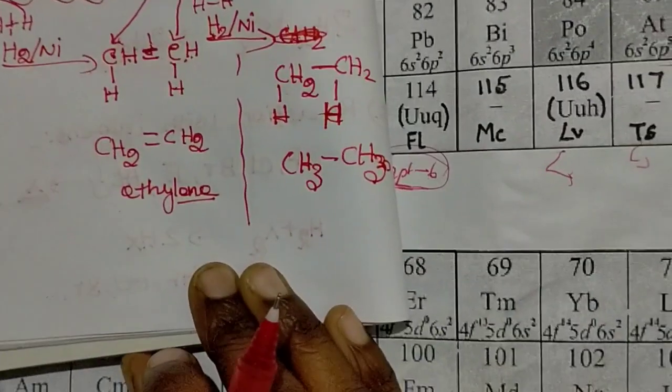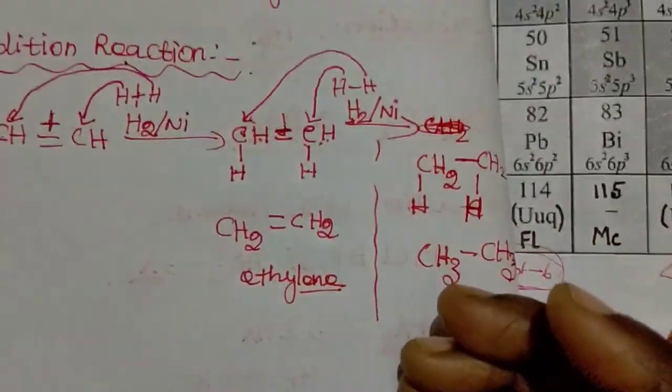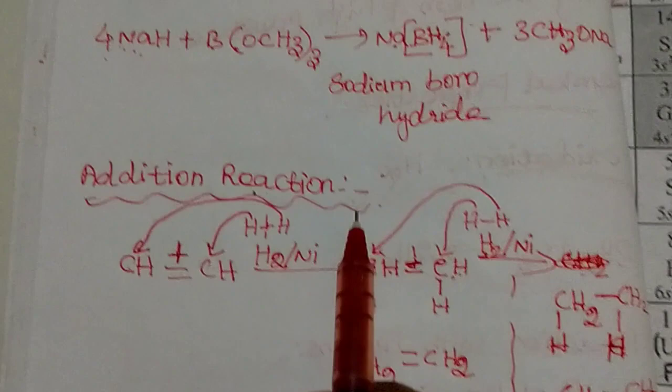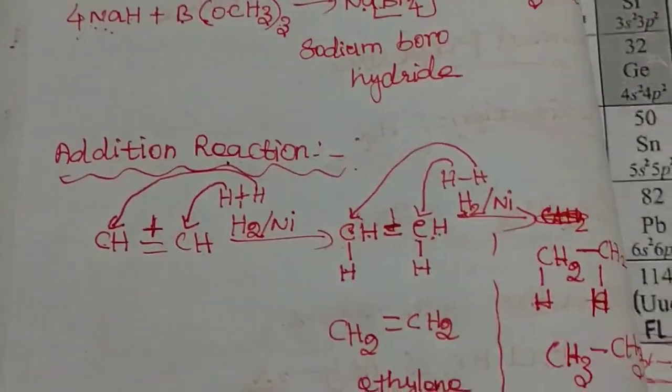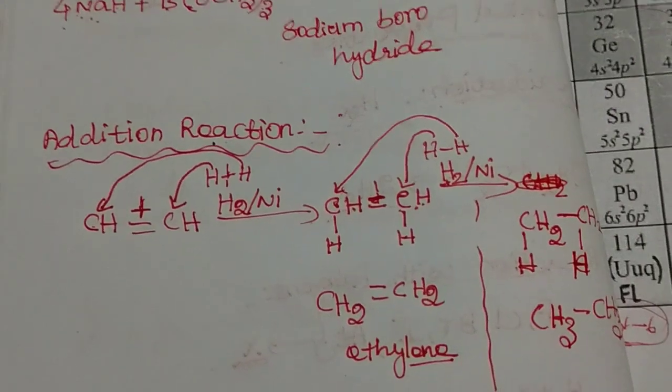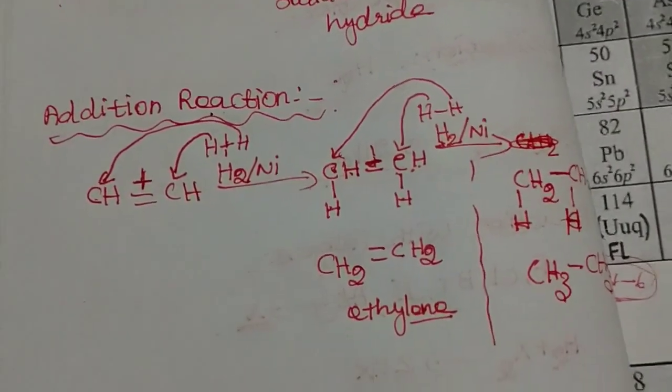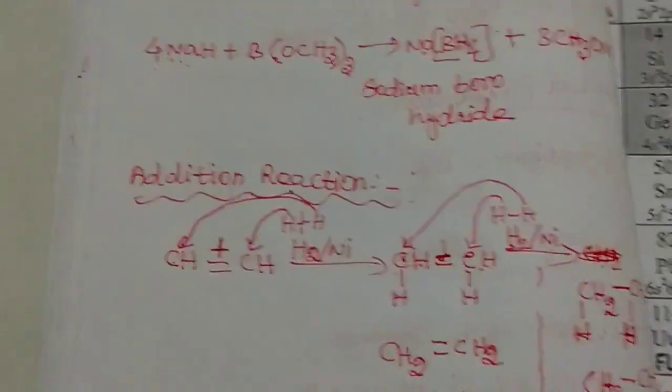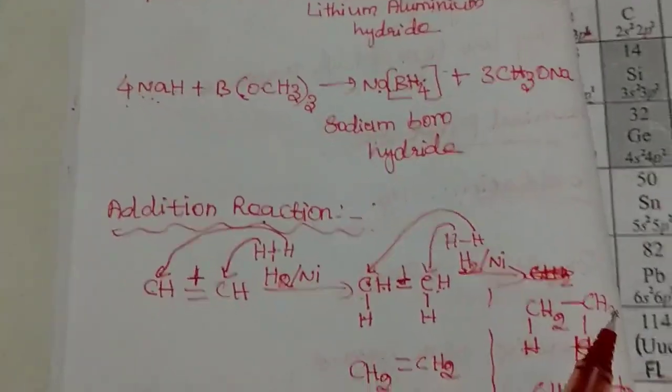The name of this compound is ethane. This is the addition of hydrogen to an unsaturated organic compound to form a saturated organic compound. So today's topic is over. Thank you, students.